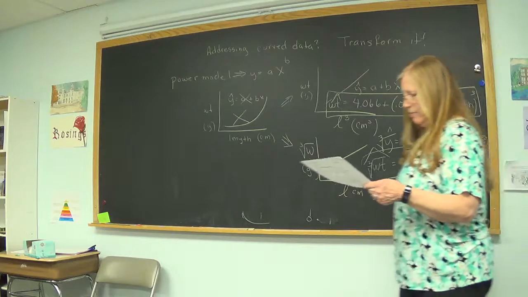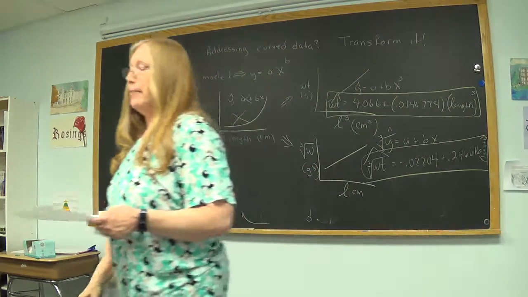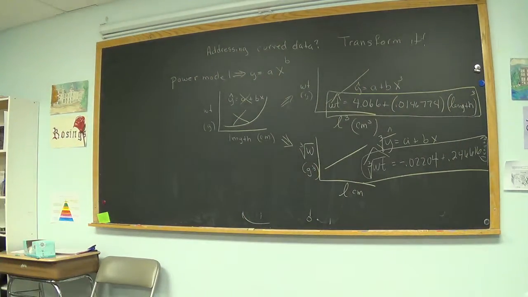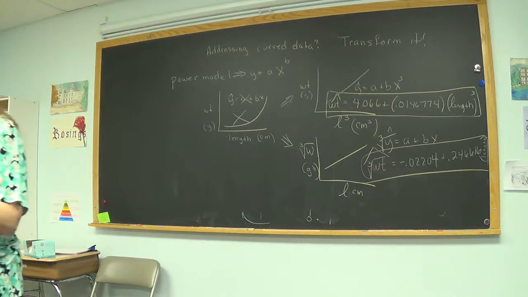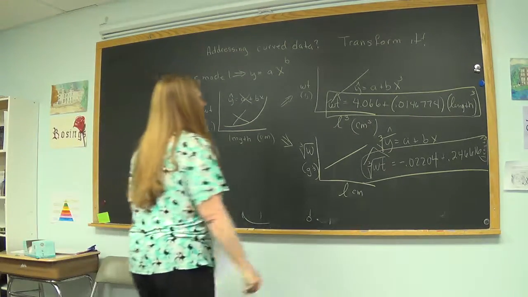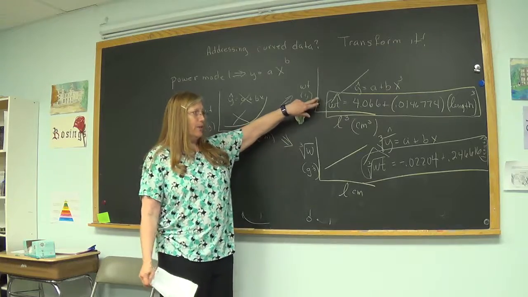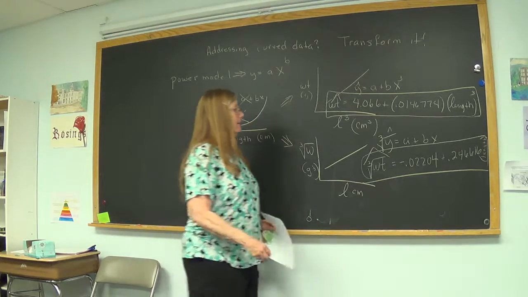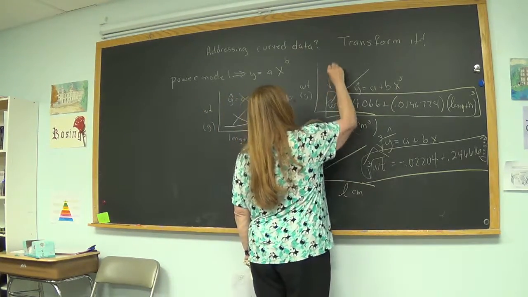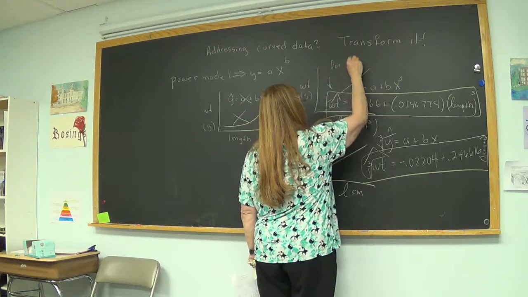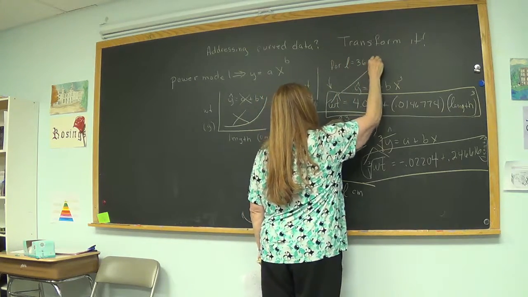Say I took my floppy fish that I can't weigh, but I can find its length, and I find out that it is 36 centimeters long. So first of all, I want you to use this regression line right here for length equals 36 centimeters.